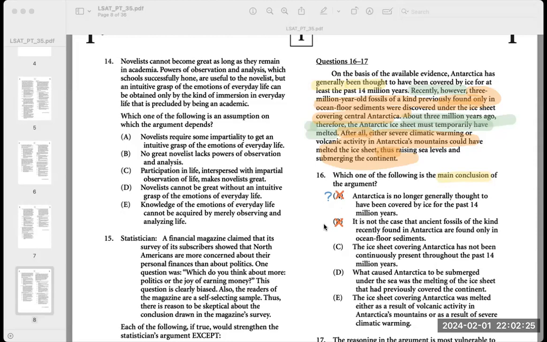D, what caused Antarctica to be submerged under the sea was the melting of the ice sheet that had previously covered the continent. So the cause.